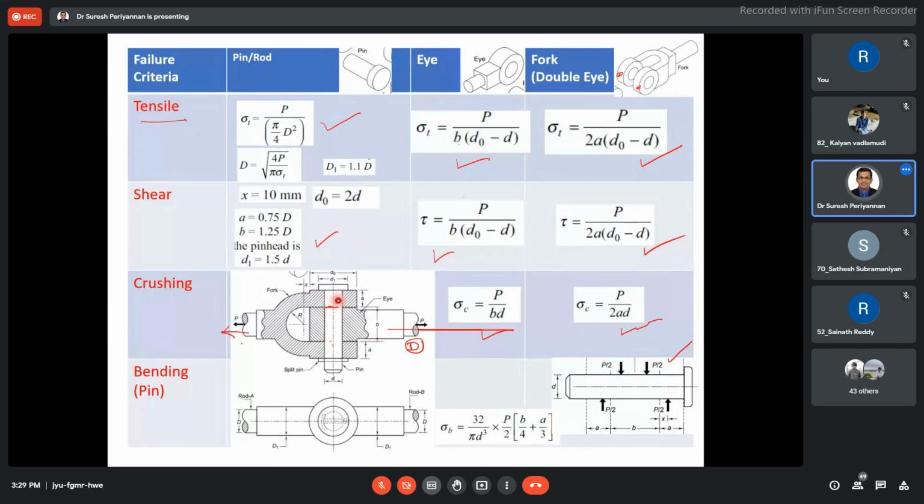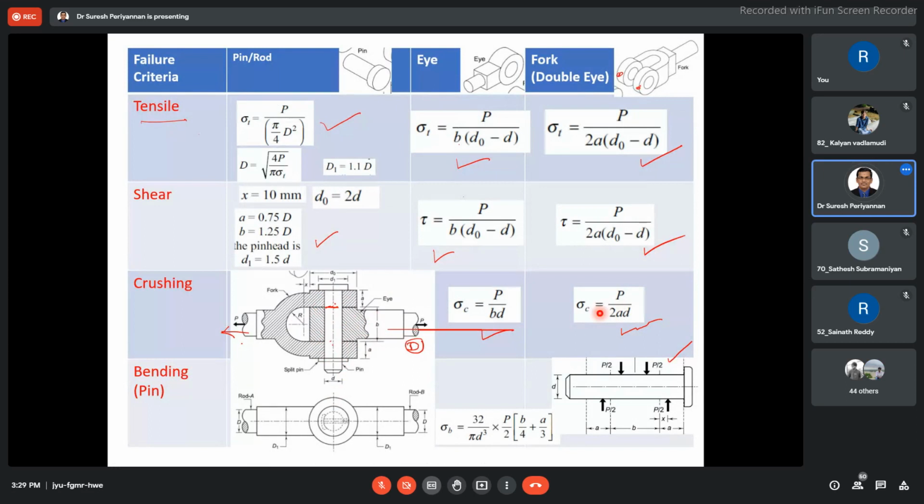There are two crushing surfaces in two places, with thickness A and pin diameter D, so it is P by 2 A into D.